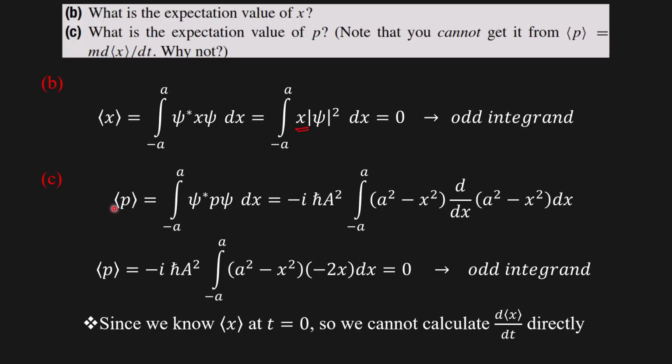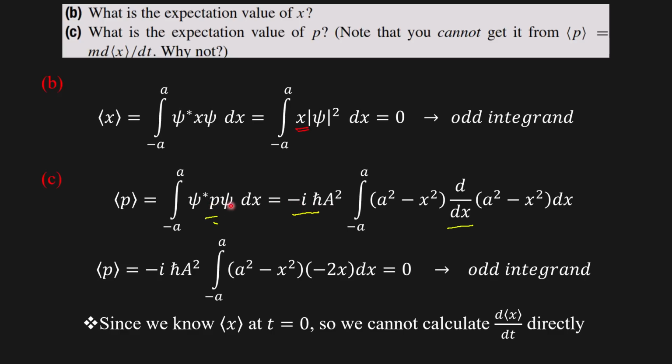What about the expectation value of p? You apply the same rule, ψ* p ψ dx, where I am replacing p by its operator, minus i h-bar d/dx. This is the replacement for the momentum operator.